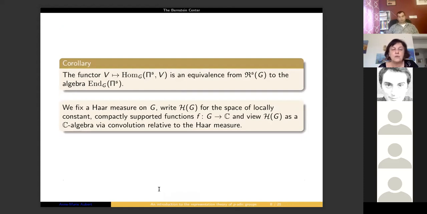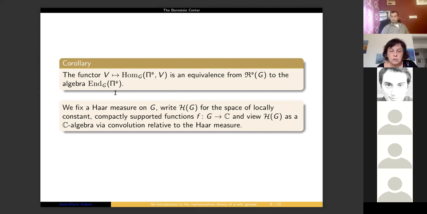So this is useful for the following reason. If you have a progenerator in the category, you can consider the functor which sends a representation V to the G homomorphisms from that progenerator with values in V. And this defines an equivalence from R S of G to modules over the endomorphism algebra of your progenerator.